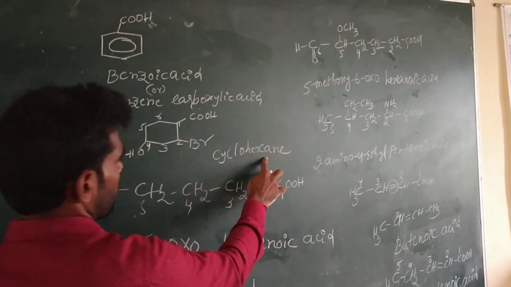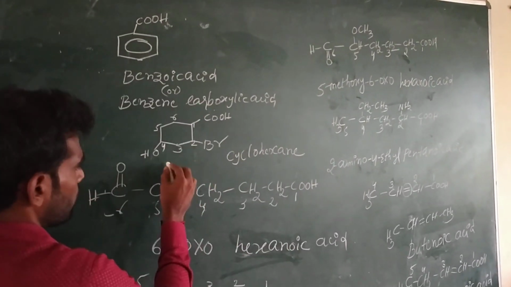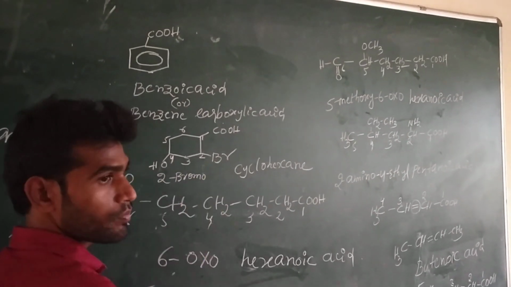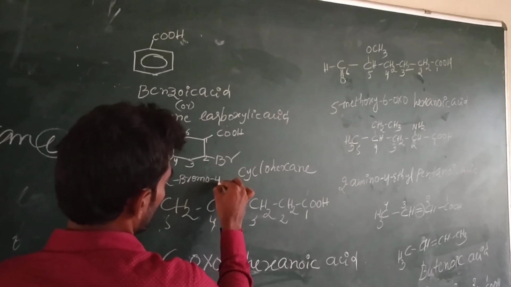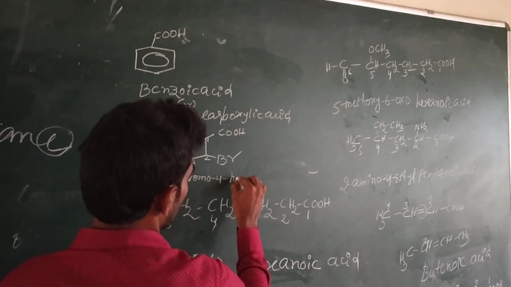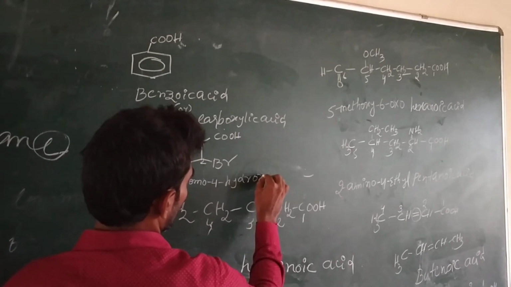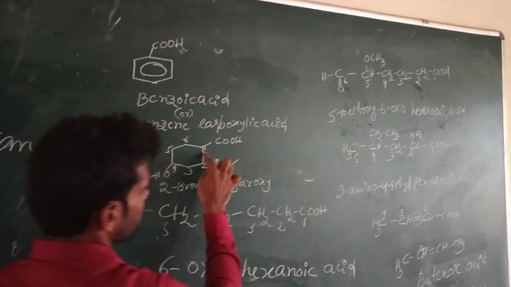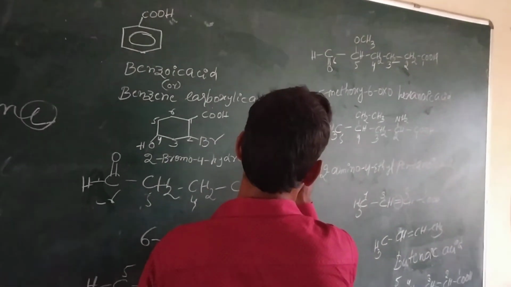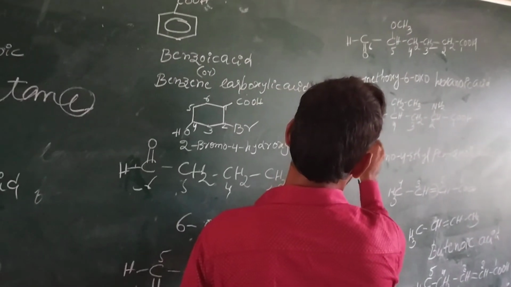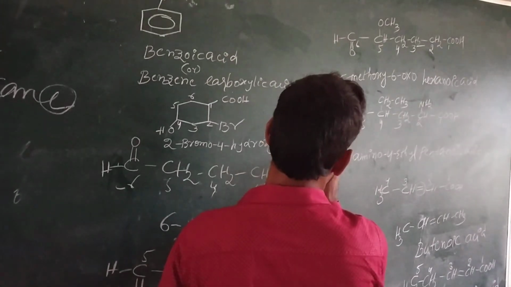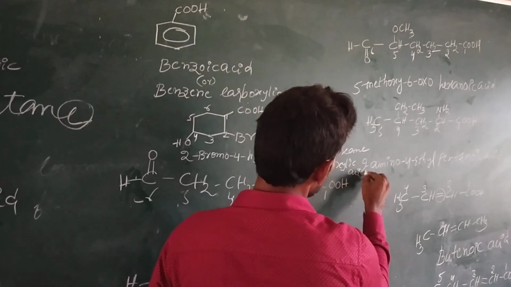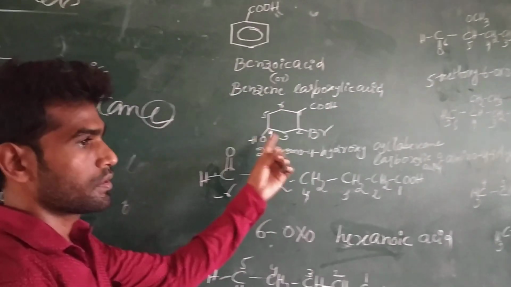Cyclohexane carboxylic acid, and first of all we have to write 2-bromo, 4-hydroxy cyclohexane carboxylic acid.